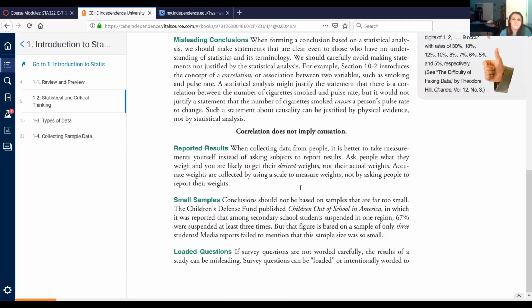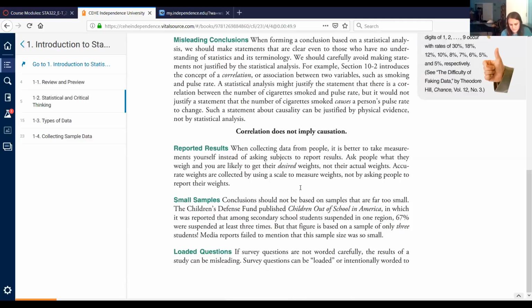Samples need to be big enough. Again, this lovely study here that's listed, in small samples, the Children's Defense Fund did itself no favors by reporting that among secondary school students suspended in one region, 67% were suspended at least 3 times.